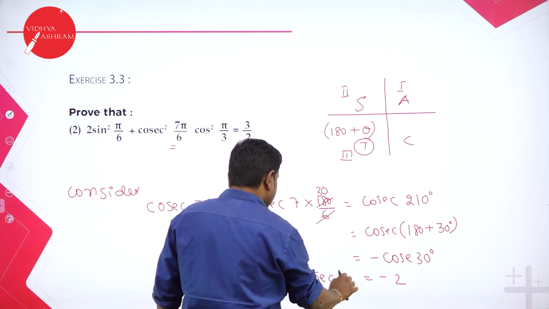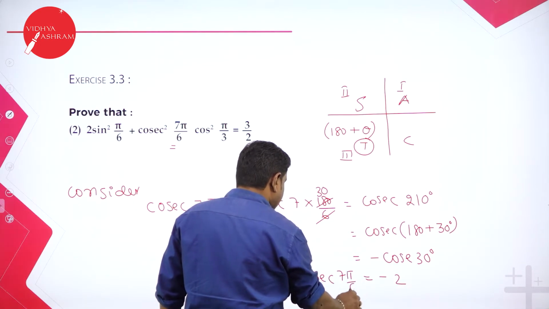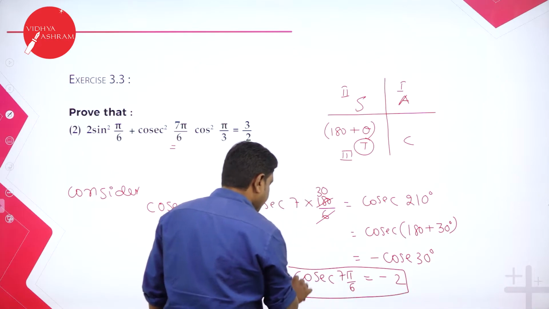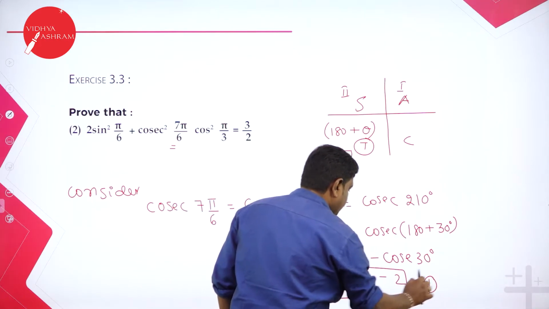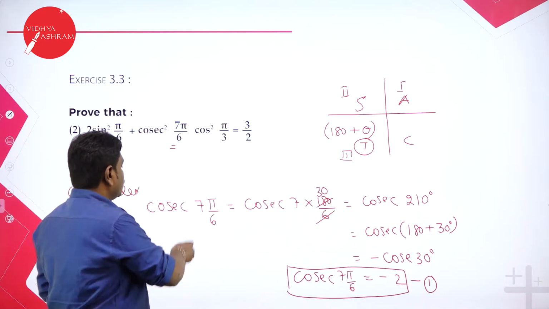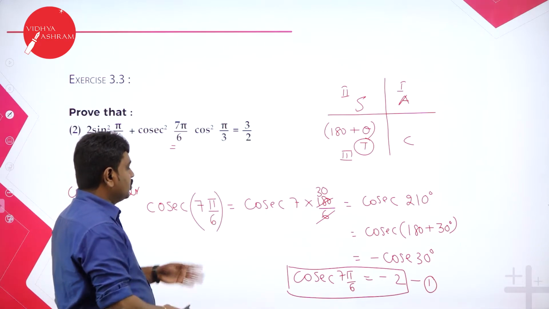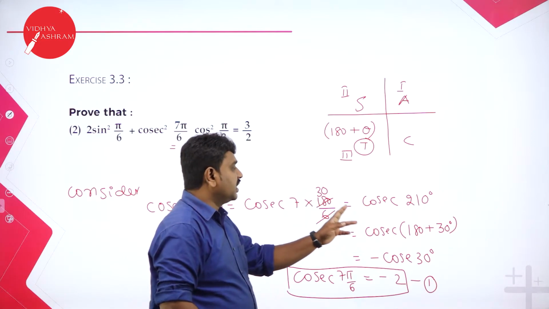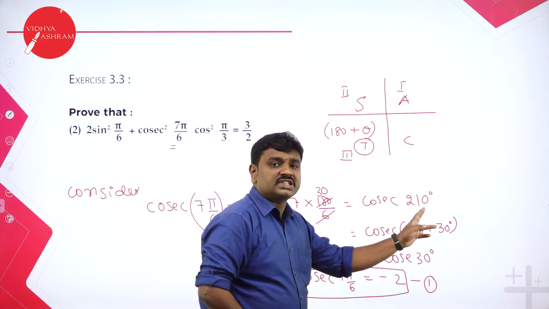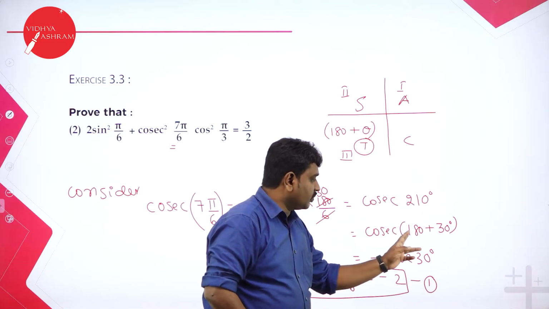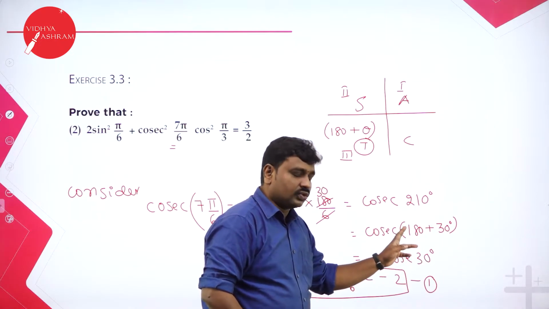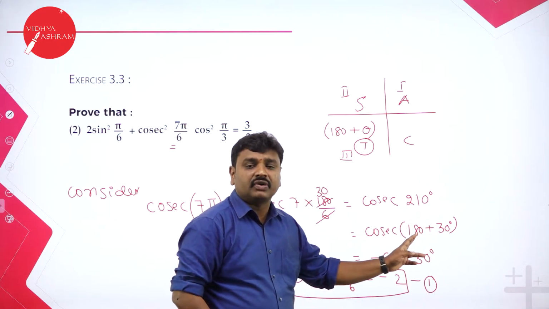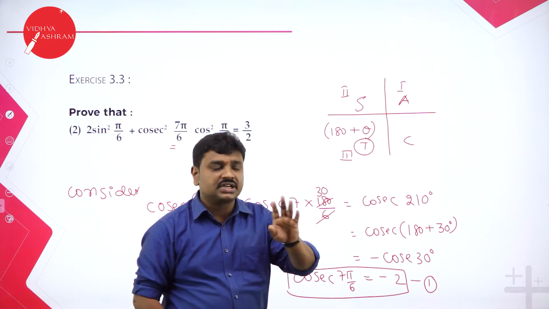This is important. Cosecant 7 pi by 6, using allied angle, we have to get it separately. Call it equation 1. See, dear student, we have cosecant 7 pi by 6. Pi means 180. 180 by 6 is 30. 7 times 30 is 210. Cosecant 210 is near to 180, so I can write 180 plus 30. Cosecant of 180 plus theta, you know the allied angle: for 180 and 360 the function does not change.